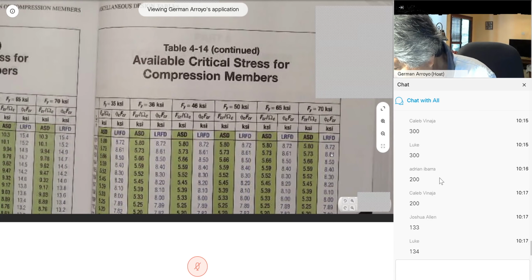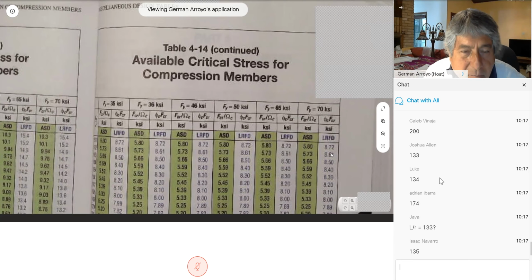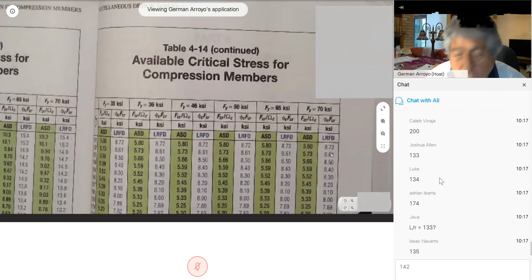Is 134 the winner? Anyway, I just want you to be aware that after you get to a certain value, it doesn't matter what type of steel, all the values are going to be the same.